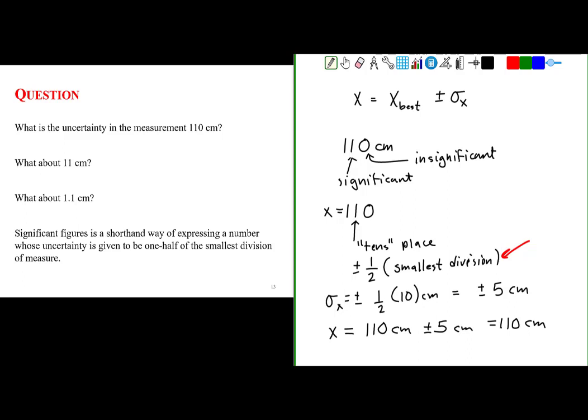So if we go out to the tens place, we take plus or minus 1/2 of 10, which is plus or minus 5. That is our uncertainty. And another way of expressing this value is to say that that measurement is somewhere between 105 centimeters and 115 centimeters.